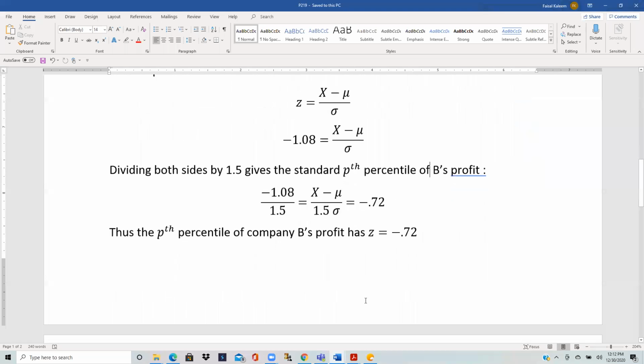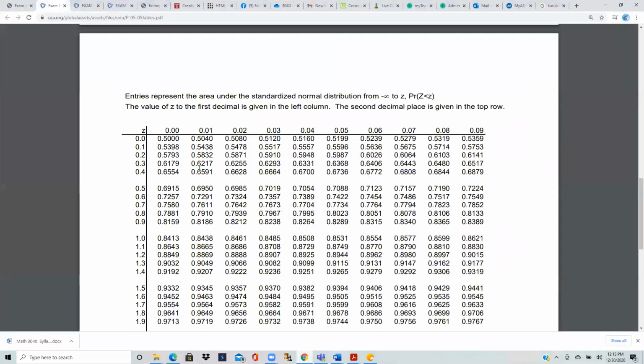And once again, we don't have negative Z values in the table. So to find the cumulative probability corresponding to Z equals negative 0.72, we look at Z equals 0.72 and then subtract that probability from 1. So let's see what we get for Z equals 0.72. We get 0.7642.